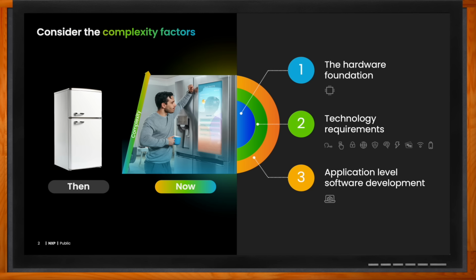And then the second thing they're focused on is, do those products fit the technology requirements, whether it's security, touch, artificial intelligence, machine learning, or wireless connectivity. They make sure that those products have those. And then the third thing, which is where I spend a lot of my time, is the application software development. That's both the development tools and the software and how NXP gets those to customers. And at NXP, we call that MCUXpresso.